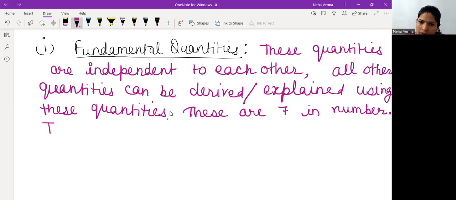Also, the units, we are saying these are measurable. We can measure the quantity. So these quantities are independent to each other, and other quantities can be derived using these quantities.